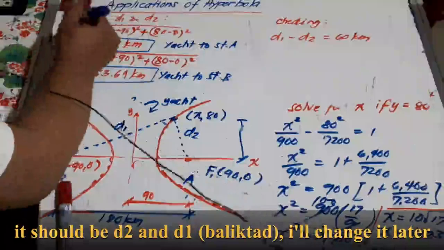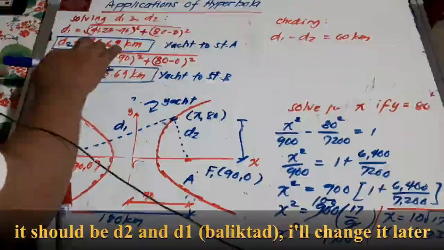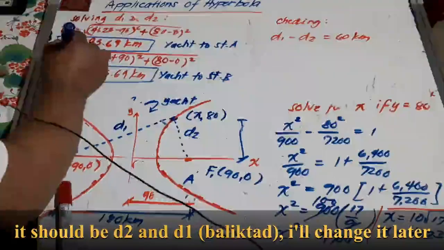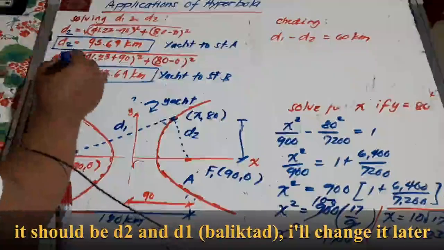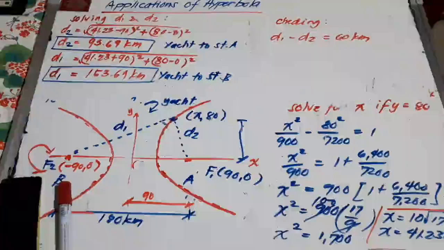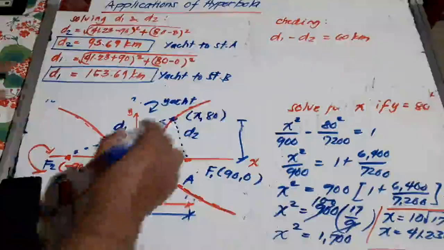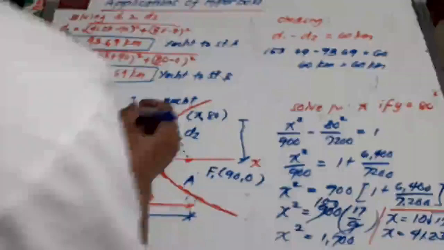Itong D2, ito yung D1. Okay? That's my mistake. So, D1 minus D2 should equal 60. So, tingnan natin. 153.69 minus 93.69, dapat 60 kilometers yan. O, tama. 60 kilometers equals 60 kilometers. Ibig sabihin, tama yung sagot natin.